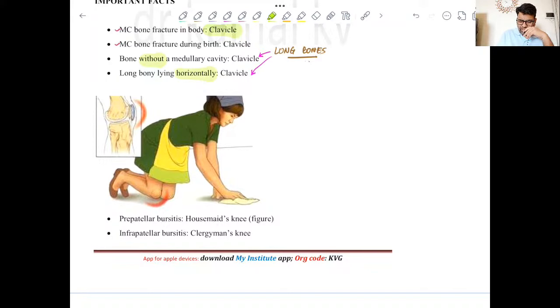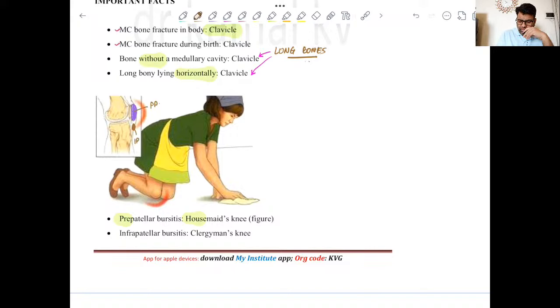Then pre-patellar bursitis. Pre means before. So there is a bursa before the patella, and it gets inflamed, especially in housemaids, and therefore this is known as pre-patellar bursitis or housemaid's knee. The other type of bursa which lies below the patella, this is infrapatellar, this is pre-patellar, right?